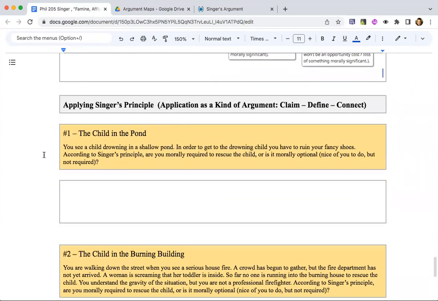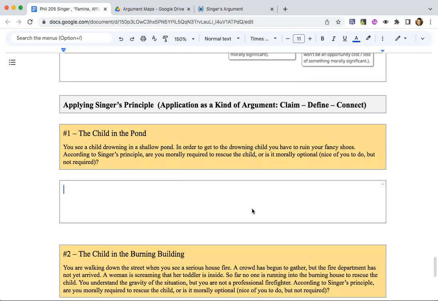And let's end by testing our understanding of the argument by applying it to very simple cases using our claim, define, connect template. So Singer already answered this one, right?